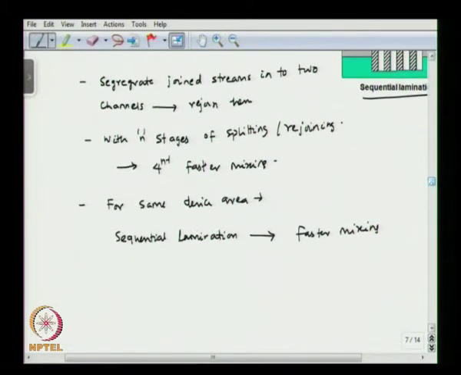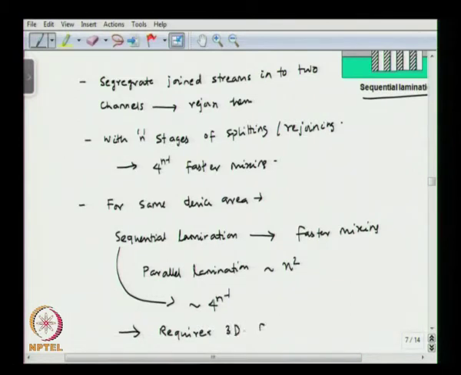Because the parallel lamination improves mixing at n square and sequential lamination improves 4 to the power n minus 1. But one downside of sequential lamination is that it requires 3D fluidic structures. Okay. It requires a 3 dimensional channel structure or fluidic structure, which is not quite easy to fabricate. Okay. So, even if the sequential lamination offers better performance as compared to parallel lamination, the fabrication becomes a challenge.